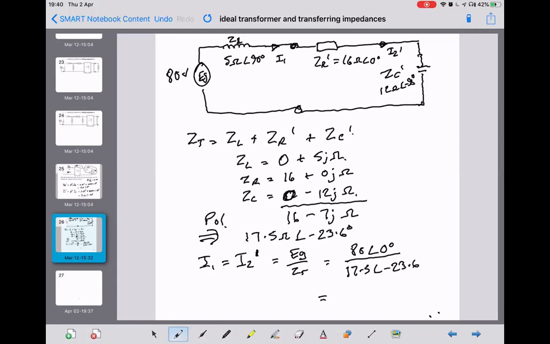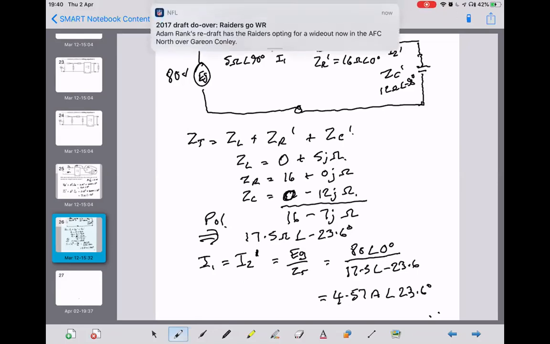So it's 80 over 17.5, 4.57 amps I got, angle 23.6 degrees. Please feel free to check that. Yep, looks okay to me.